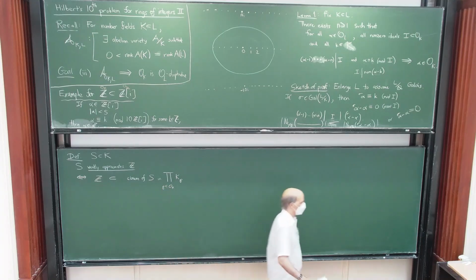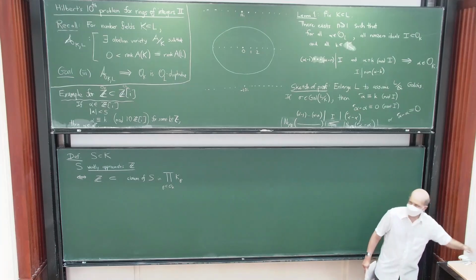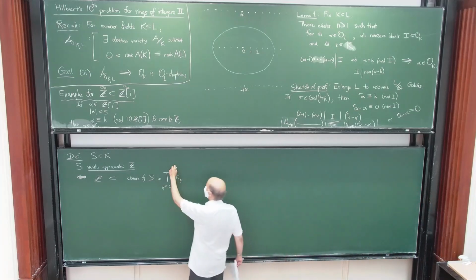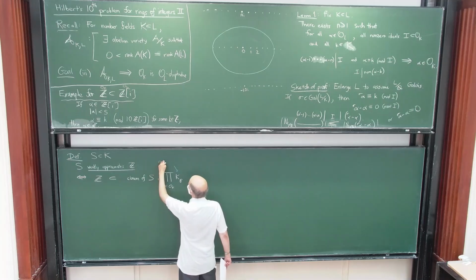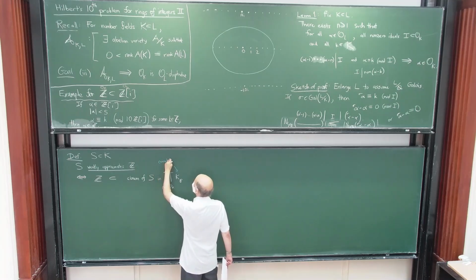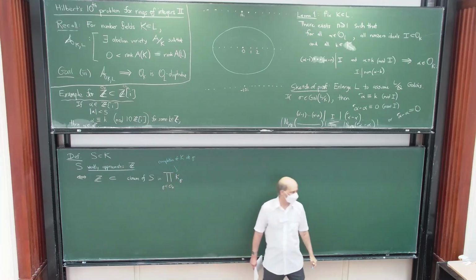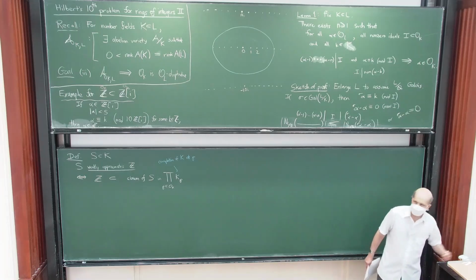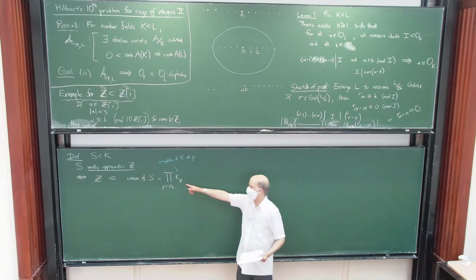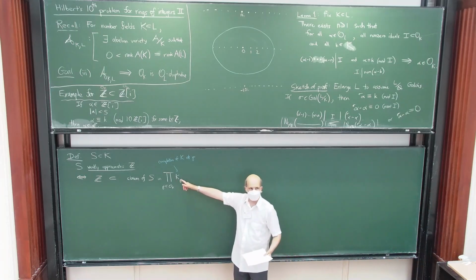And K_P is the notation for the completion of K with respect to the p-adic absolute value. So if K is Q, this would be the product of all the Q_p, the p-adic numbers, over all the prime numbers.